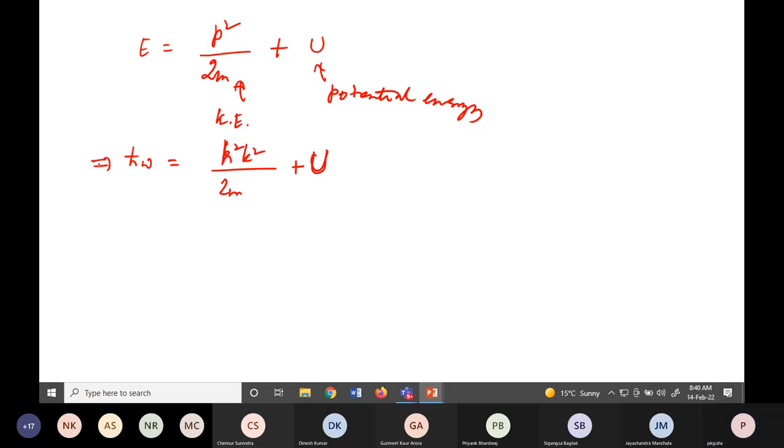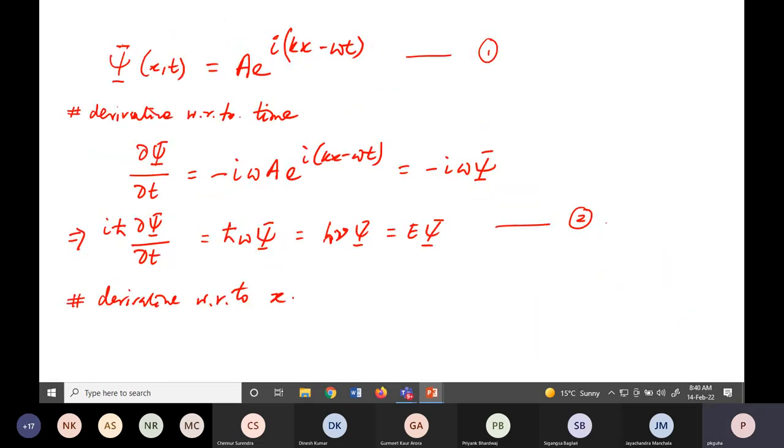Now, we can multiply psi on both sides. Okay, if we multiply psi on both sides, so if we use equation 2, what is equation 2? Equation 2, you remember, is nothing but the total energy. Total energy is that is i h line del psi over del t.